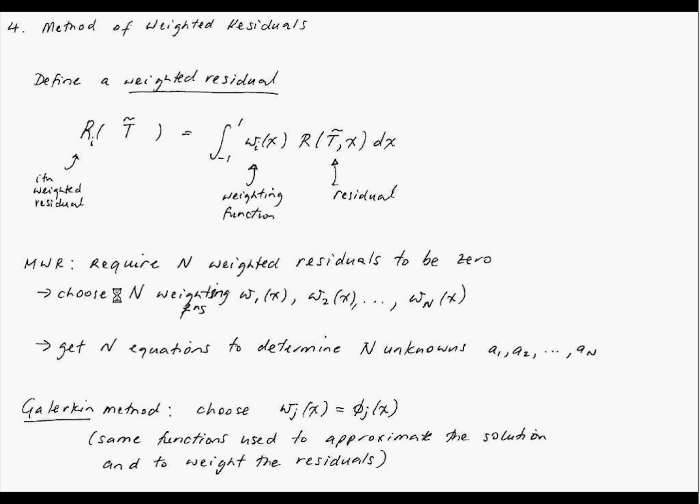Two conditions now coming from setting the weighted residuals equal to 0, where the weighted residuals correspond to taking the residual, multiplying it by the basis function, integrating over the domain.